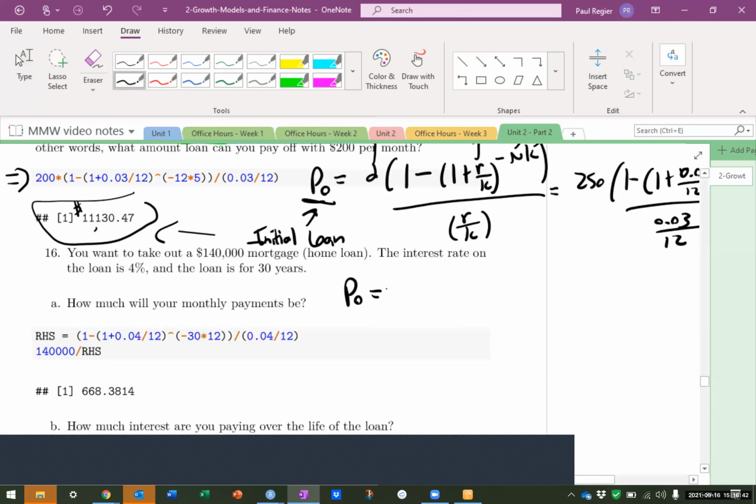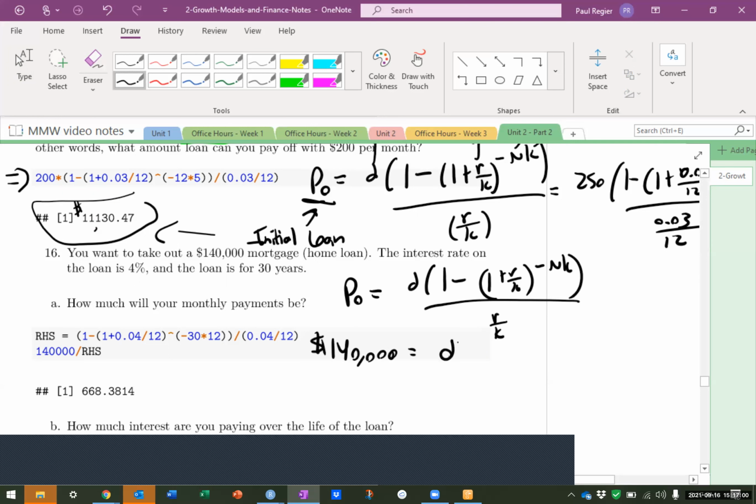So P naught equals D over R over K, with P naught equal to 140,000. D is what we want to find out: the monthly payment, D, is what we don't know.